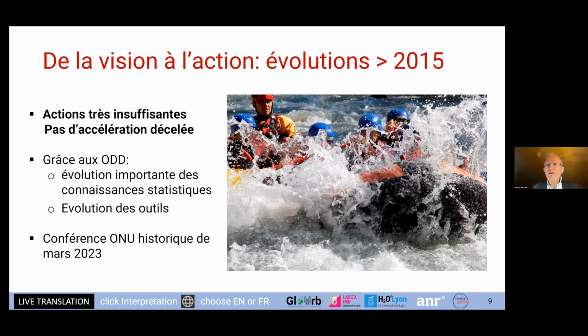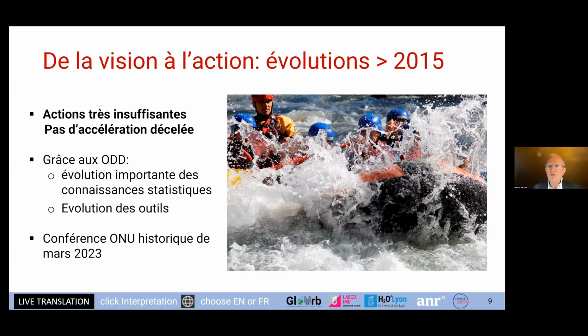However, the SDGs have already had other impacts, like changes to statistical knowledge across the world. So today, thanks to these goals, we've built new indicators. It's taken time, but we've got these new indicators that have national and global values that are published. Everybody knows them.